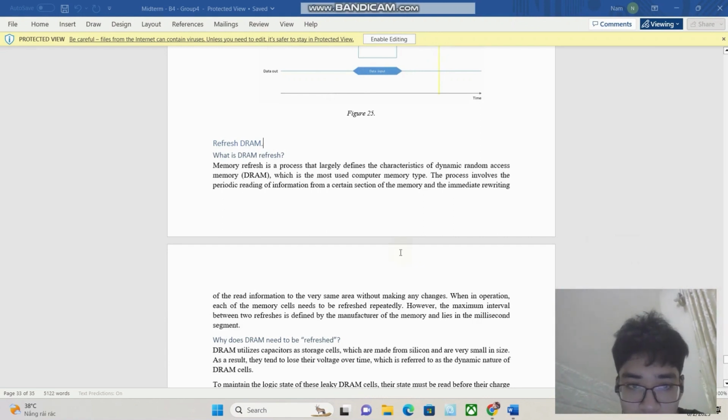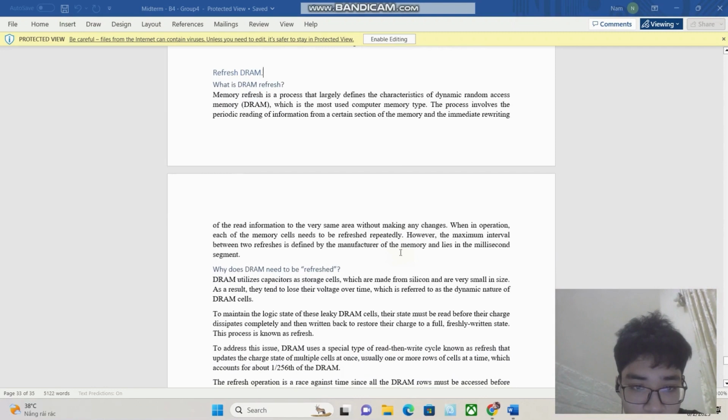The process involves a periodic reading of information from a certain section of the memory and the immediate rewriting of the read information to the very same area without making any change. When in operation, each memory cell needs to be refreshed repeatedly. However, the maximum interval between two refreshes is defined by the manufacturer of the memory and lies in the millisecond range.